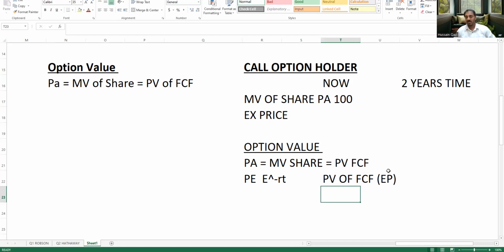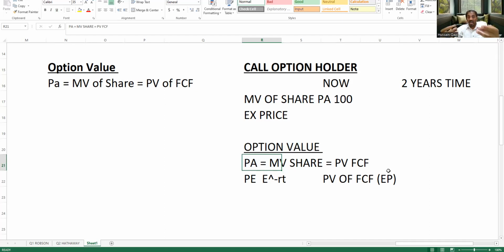Examiner never expects it. Very simple. This point is important for the theoretical aspect and for solving the question with reasoning. What I said to you: whenever you calculate the value of an option, you need the variables in now terms. Now terms means PA, market value of share, now terms.